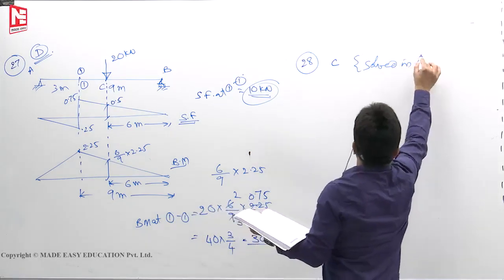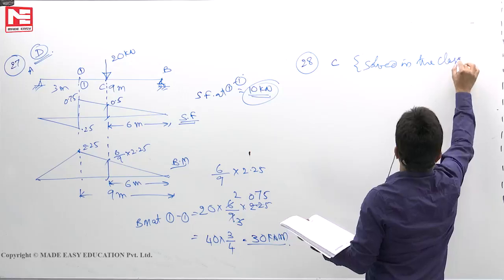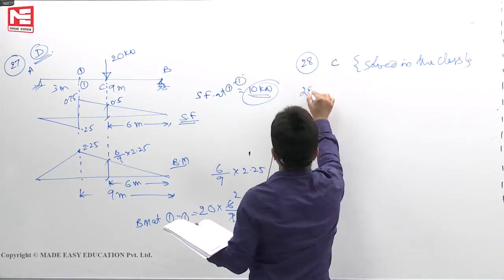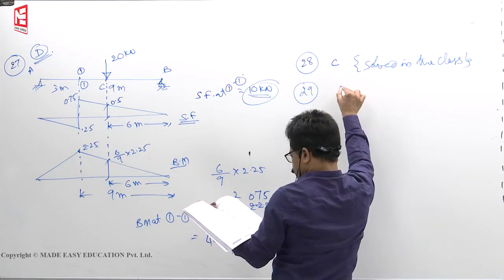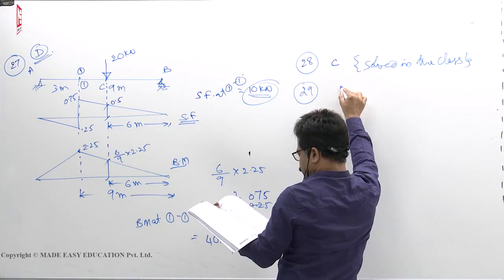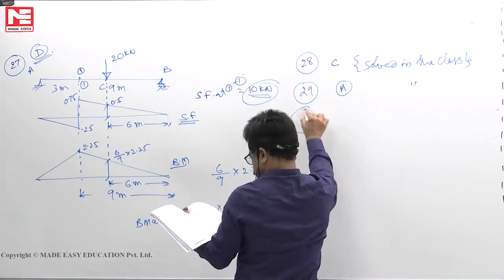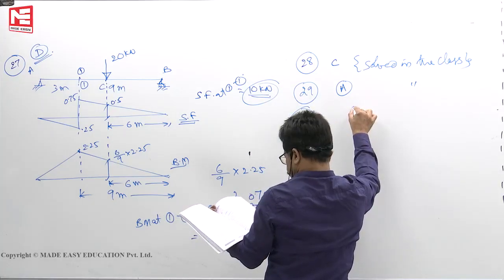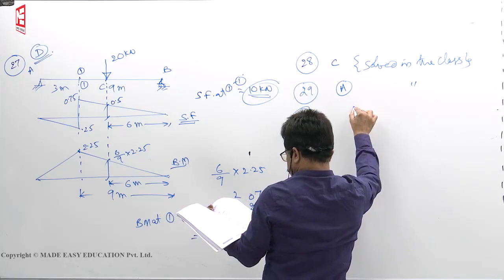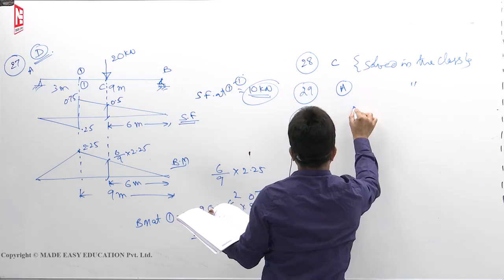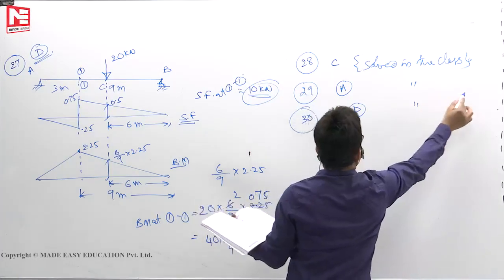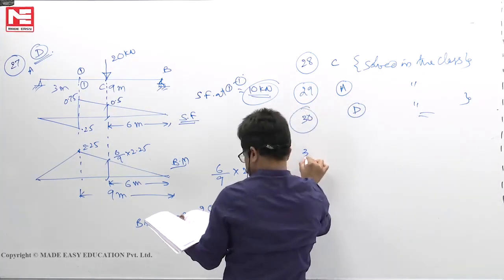This is solved in the class. Then 29. Also we solved during the passage of loads, 300 and minus 30, A. 30th: hogging bending moment, you got it as 150 into 5, 750. That means D. This also is solved in the class.